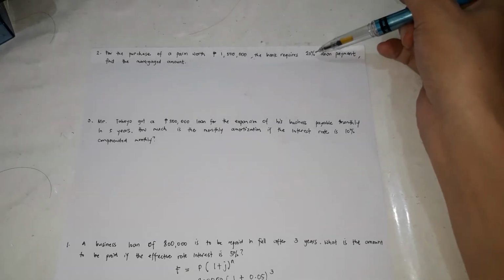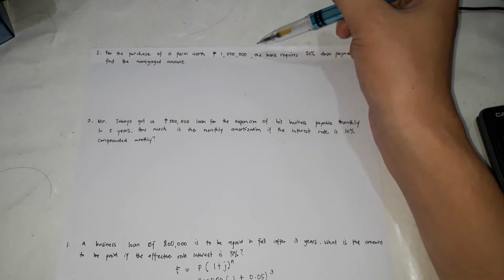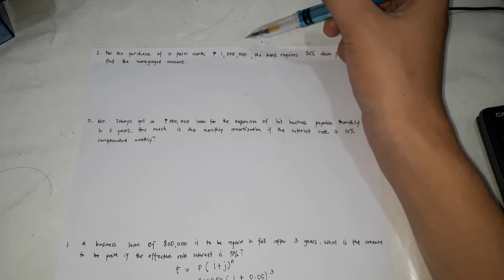We're going to pay it by period, so it's a mortgage amount. What we're going to do is subtract the 20% of 1,500,000 from 1,500,000. That's the money left that we're going to pay periodically.